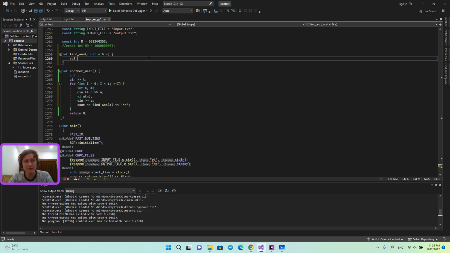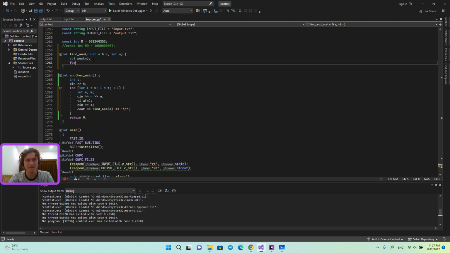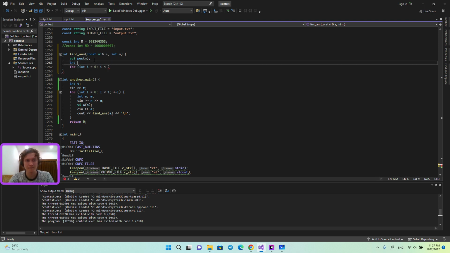So okay. First of all, we need a vector of positions of length m. And I put all the positions in this array.